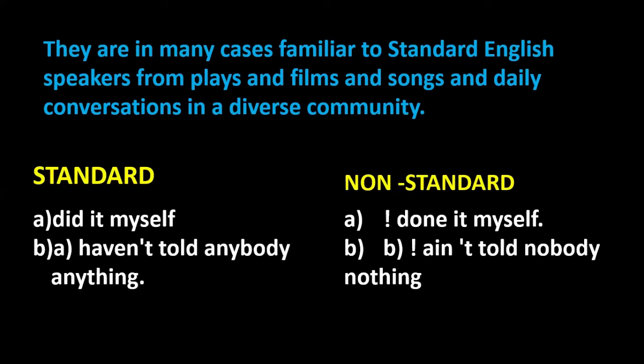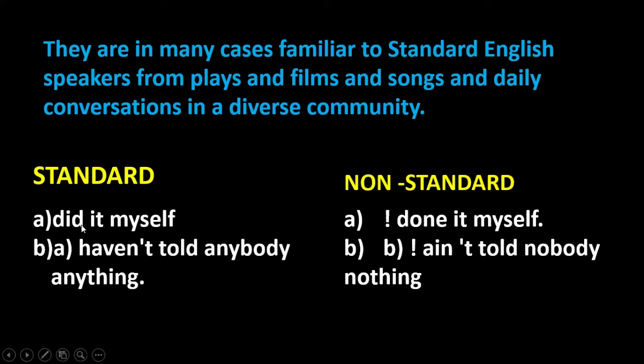For example, if we are talking about the standard one, I have one example over here: "did it myself". If I have done some work and somebody is asking me who did it, I reply "did it myself" in standard form. And if I'm talking about non-standard, I'll say "done it myself".